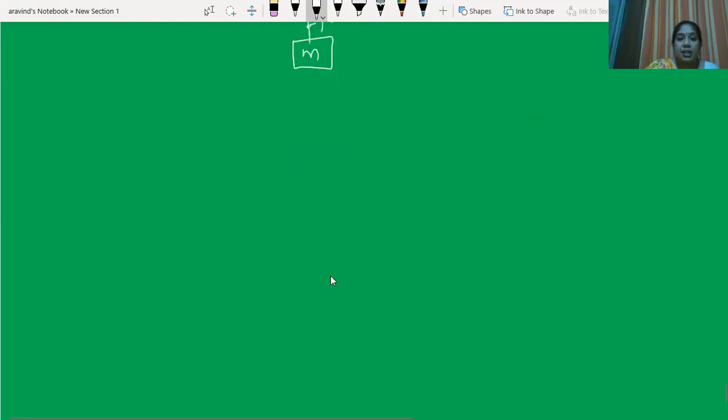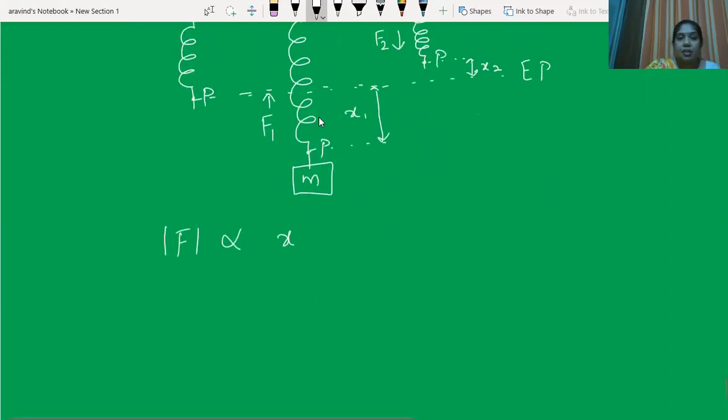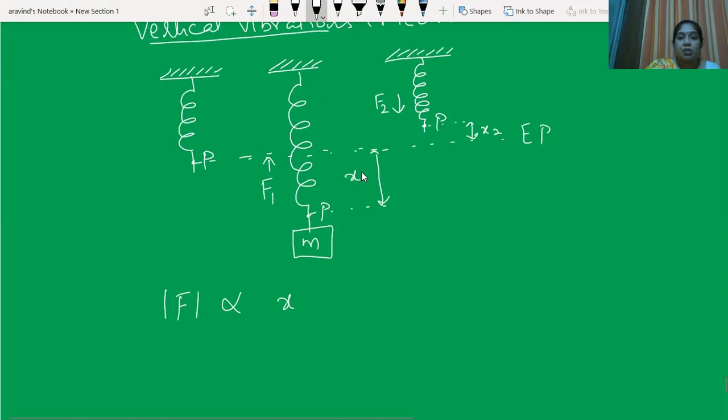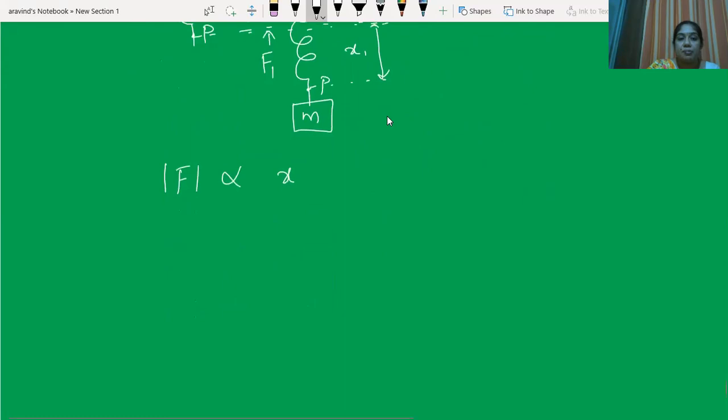So I can say the restoring force is proportional to the distance x. The restoring force depends on the value of x. The smaller the x value, that means the smaller the compression or expansion, the lesser is the force required to bring it back to the equilibrium position.